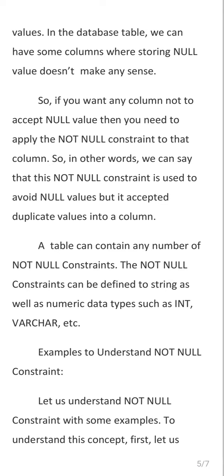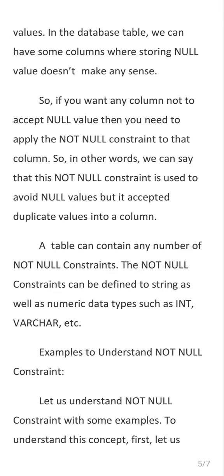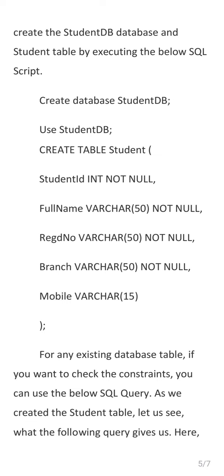Okay, so I have given an example to demonstrate the not null constraint. Okay, created some student table. It has student id, full name, registered number, branch, and mobile. So it has some data types, and next to the data types I have written not null as a constraint.